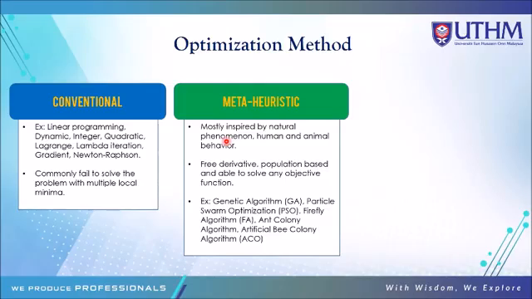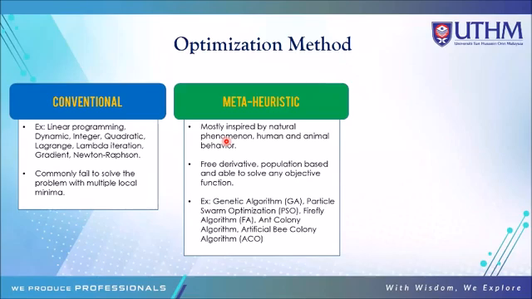If I'm not mistaken, one PhD candidate at UKM introduced the lightning search algorithm, based on the behavior of lightning in a thunderstorm. They tried to formulate that natural phenomenon into an optimization algorithm, and they call it the lightning search algorithm.